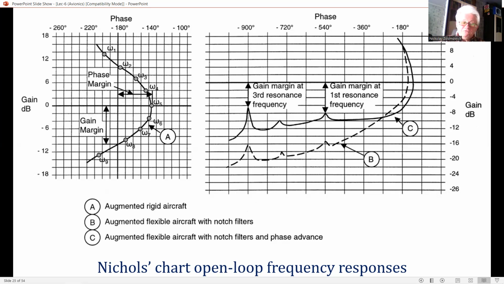Clearly, the open loop phase as well as the gain must be known at the structural resonance frequencies under all circumstances. If phase stabilization is being relied on, the alternative is to require an adequate gain margin, say 9 decibel, at all the resonant frequencies and not rely on an accurate knowledge of the phase.